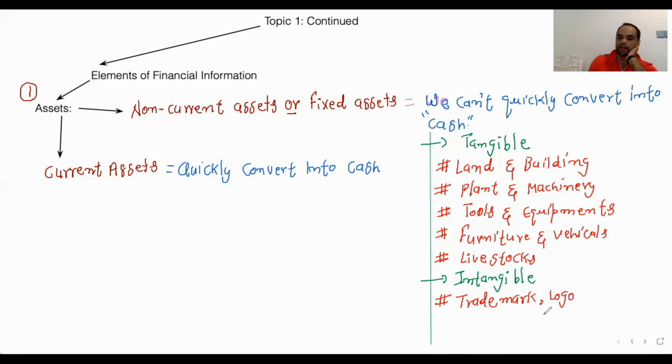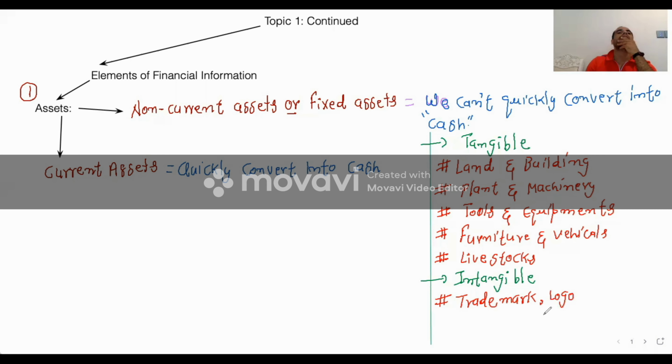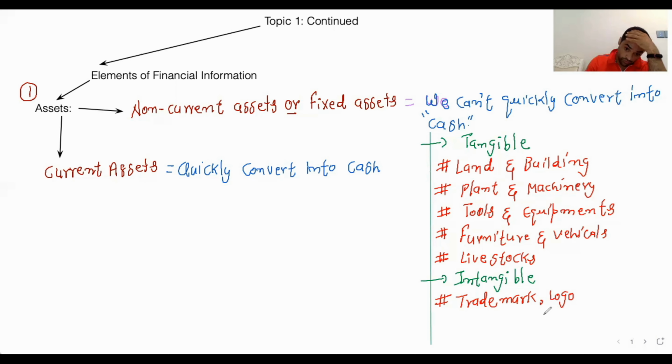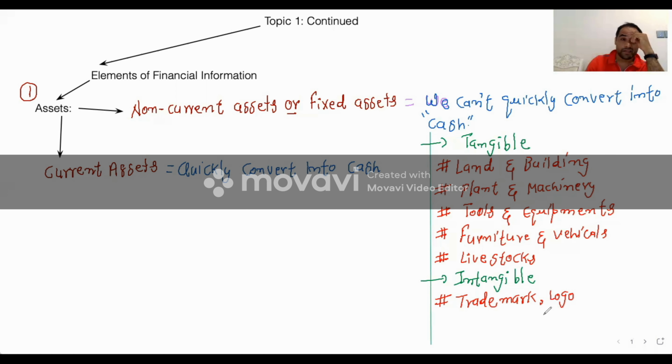Do you know what trademark or logo means? It's kind of like a brand of the company.